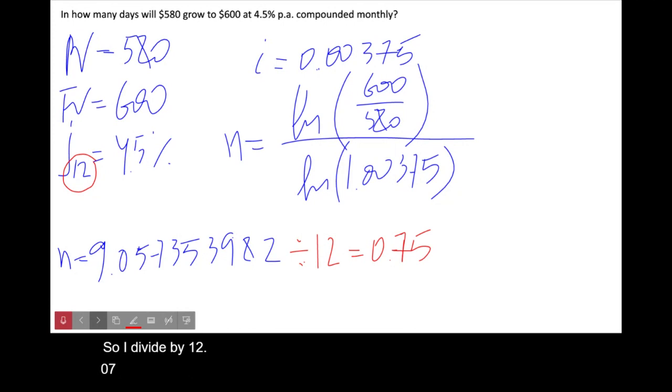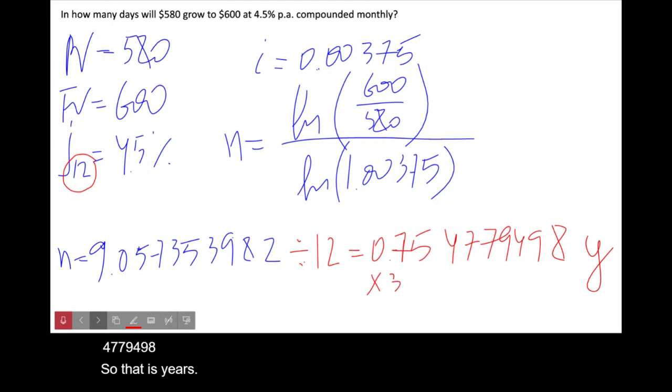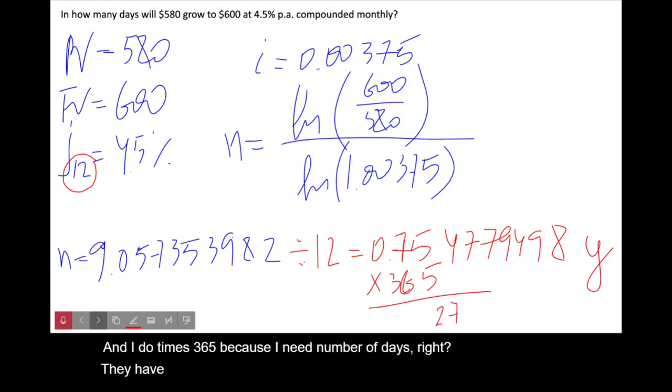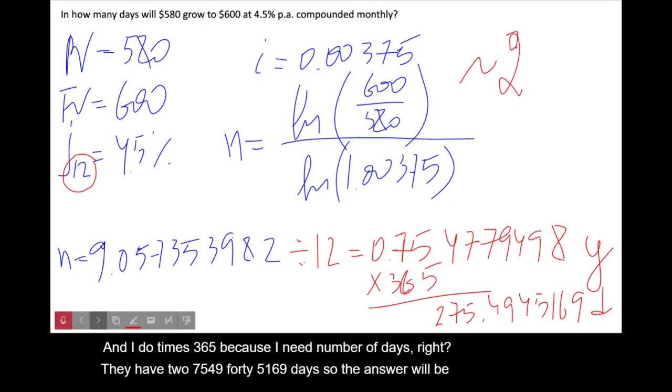That gives 0.3364779498, which is years. Now I multiply by 365 because I need the number of days, and I have 122.9 days, so the answer will be approximately 276 days.